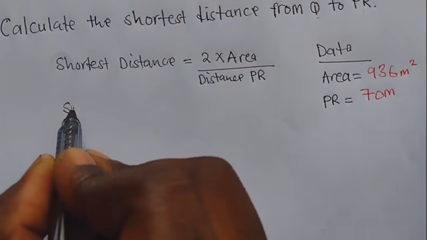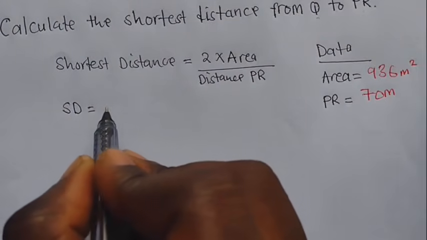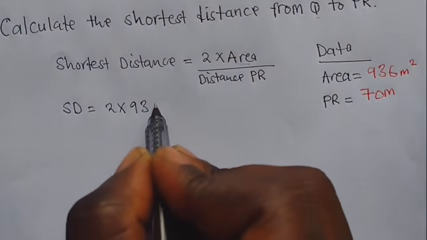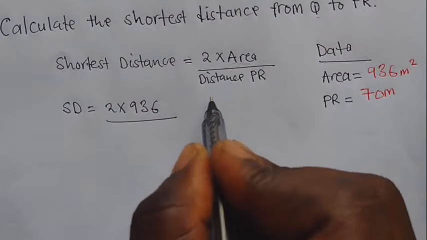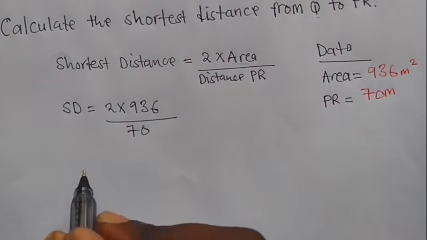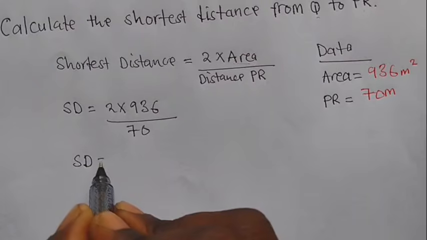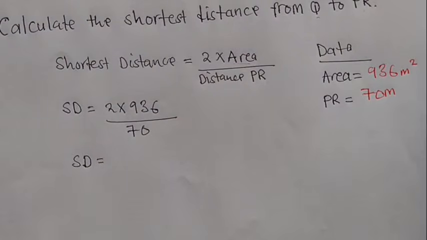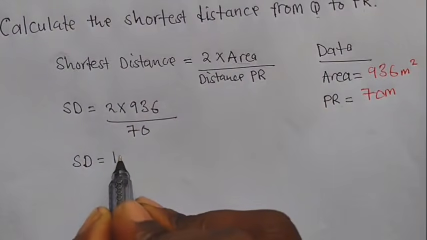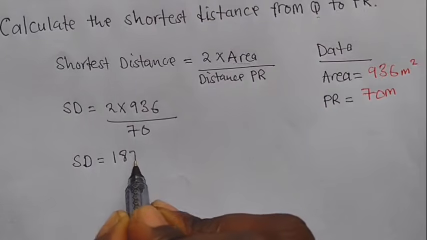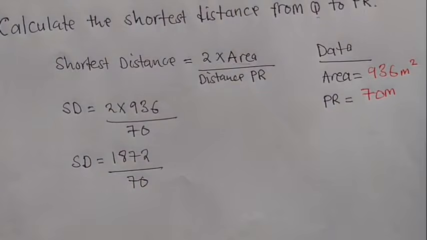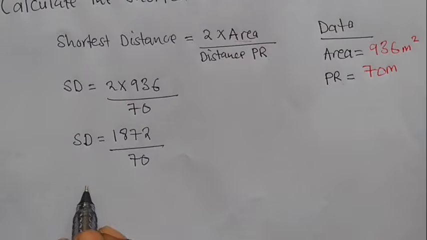So the shortest distance is equal to 2 times 936 divided by 70. When we multiply 2 times 936, we are going to get 1872 divided by 70. From this stage, we are just going to divide.